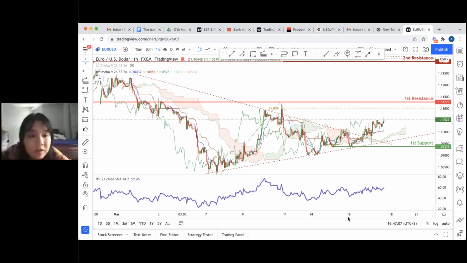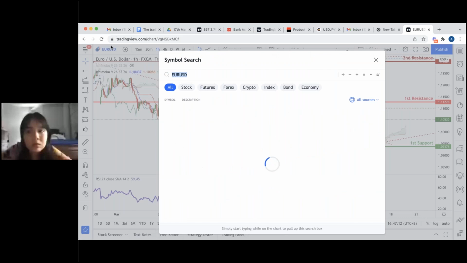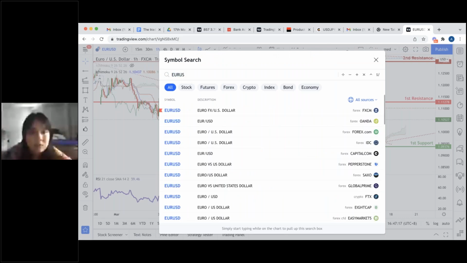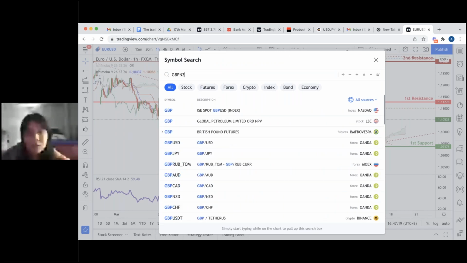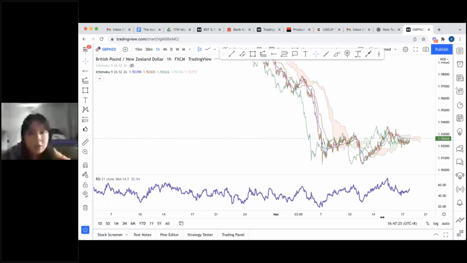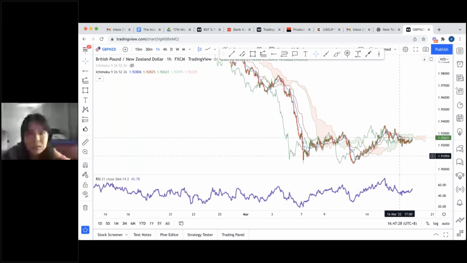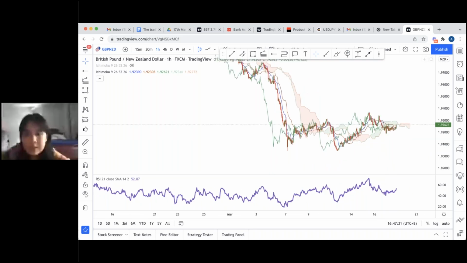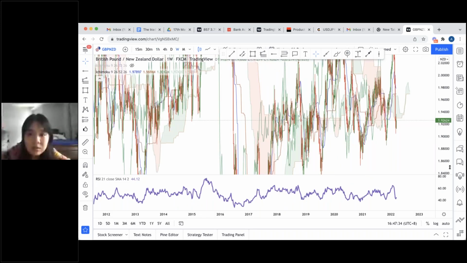Okay, pound kiwi. Pound kiwi. As usual, we go on the weekly, and on the weekly, it seems to be on an ascending trend line support.